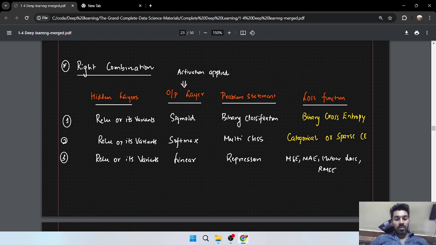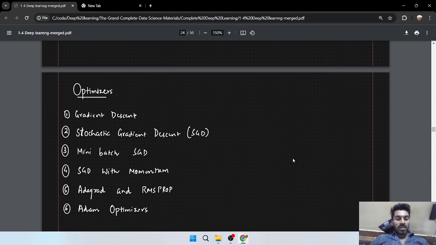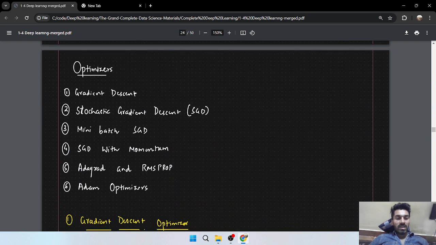So that's it for today, guys. Let's meet in the third lecture, where we will see the optimizers: gradient descent, stochastic gradient descent, mini batch SGD with momentum, AdaGrad, RMSProp, and Adam optimizers.